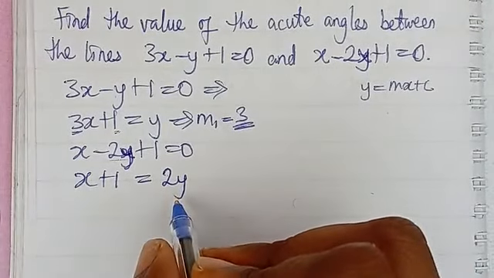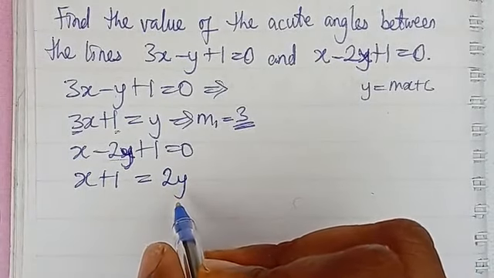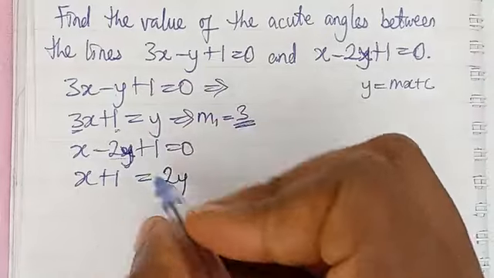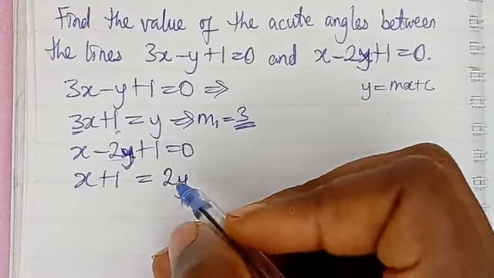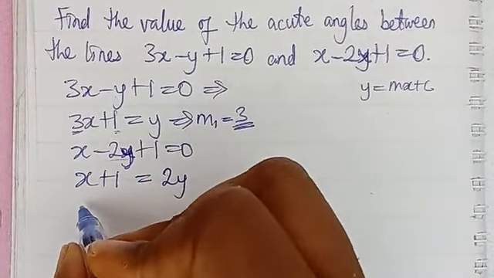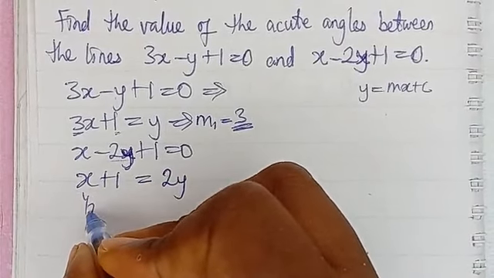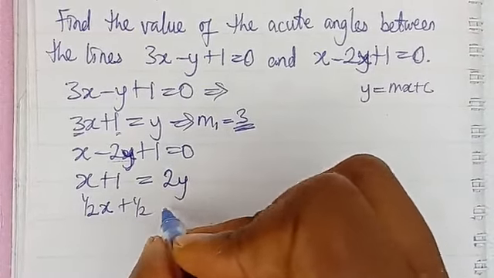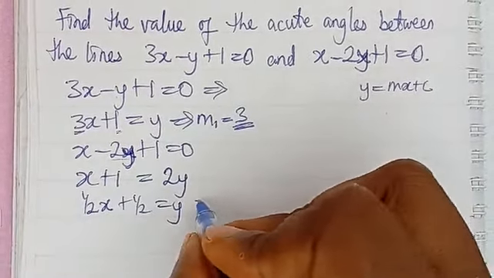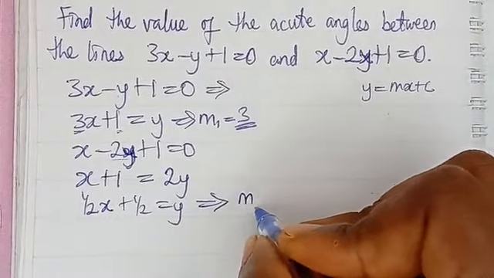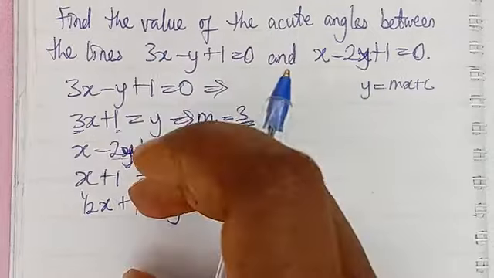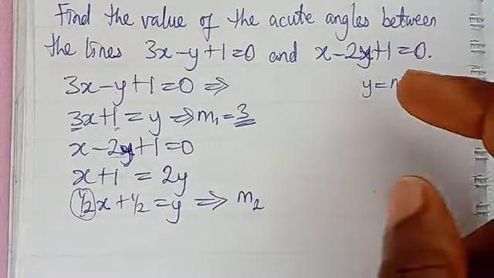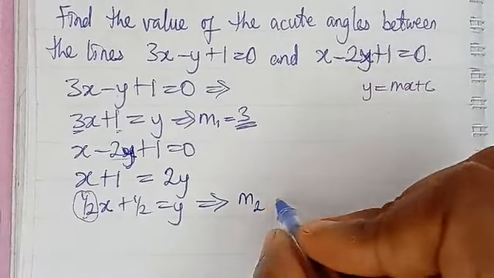But remember that y has to be the subject of the formula, not y with any other coefficient. So we divide all through by 2. When we do that, the equation will look like this: half x plus half is equal to y. So this implies that m2 is equal to half, when we compare.